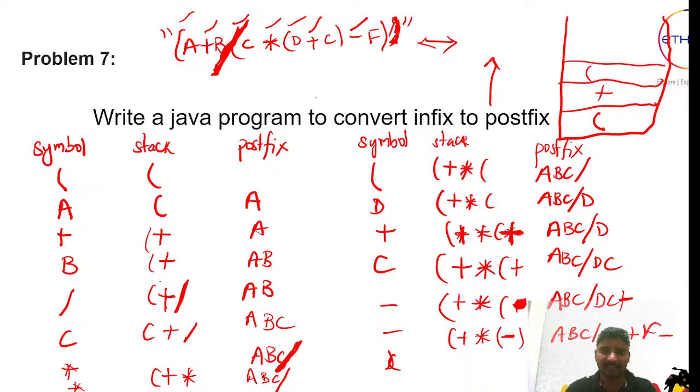The given string infix is equal to, so tell me a string which is good, A plus B star, sorry, one second, C minus D.